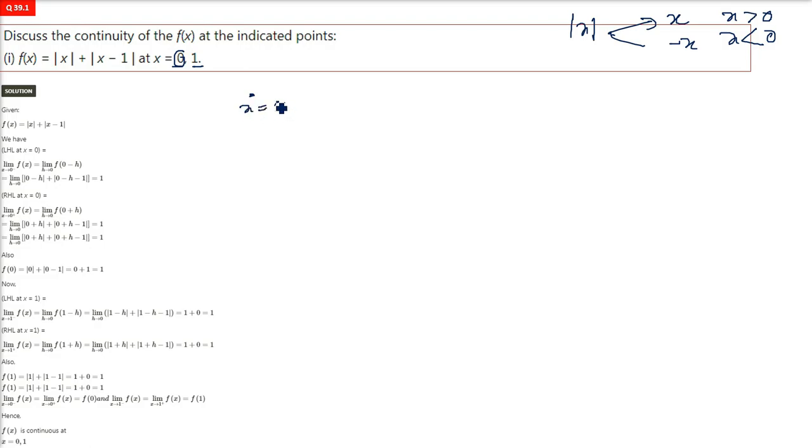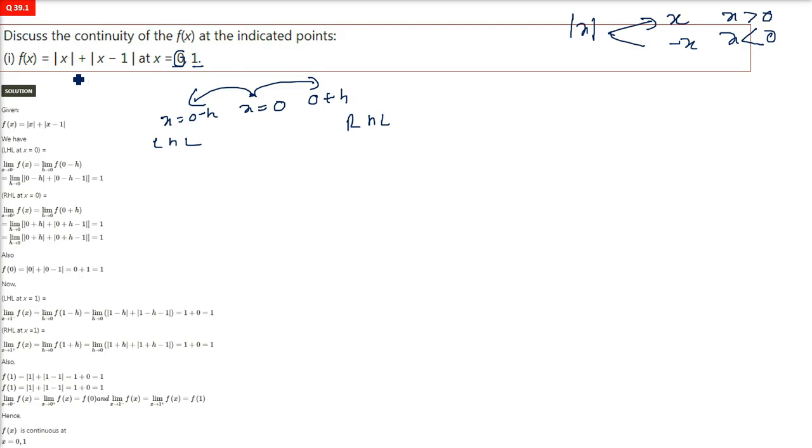So we have to check at x equal to 0 one time, and later we'll check for x equals 1. So x equals 0. We will put x as 0 minus h and 0 plus h for the left hand limit and right hand limit respectively. In place of x, just replace it by 0 minus h.